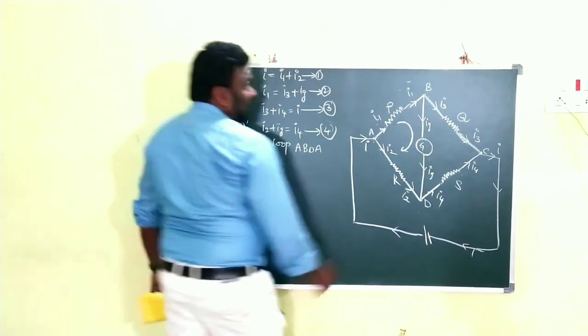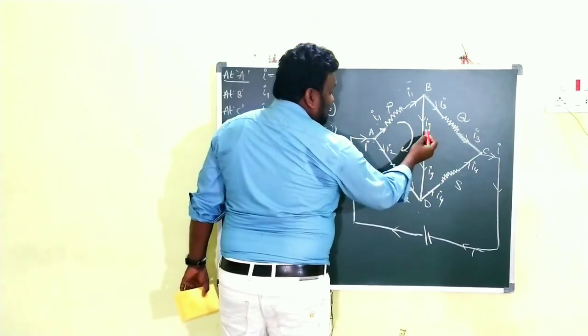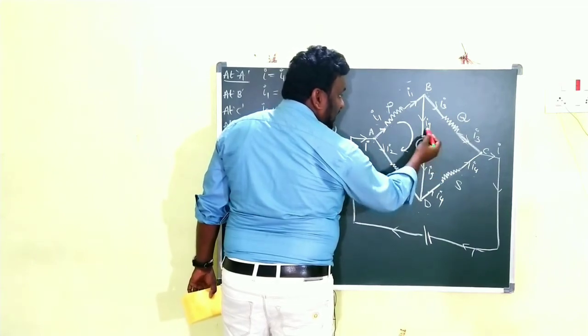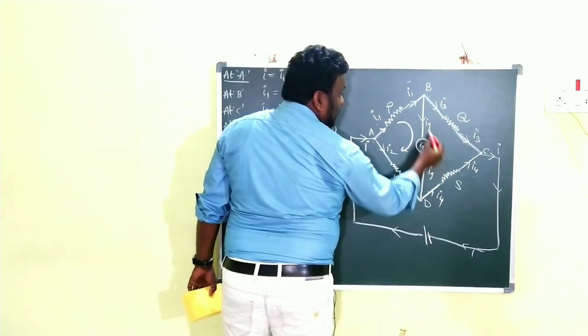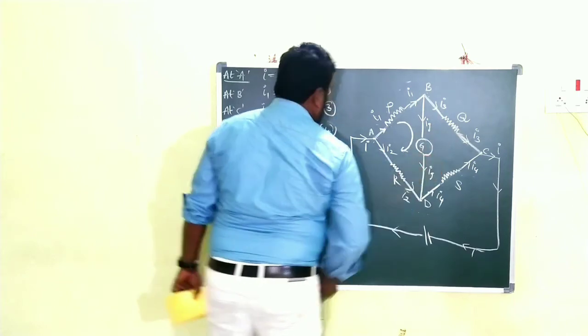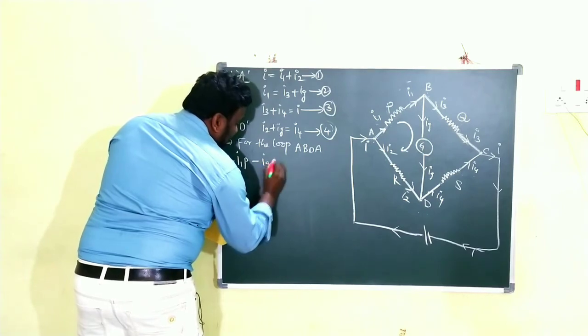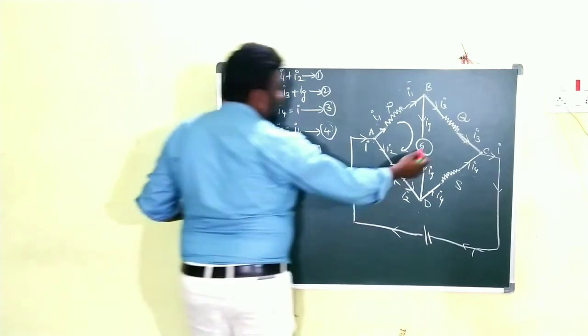And children, now here current is Ig and resistance is G. Ig into G is the potential across the galvanometer. That's why I am writing Ig into G. Here G is what, children?